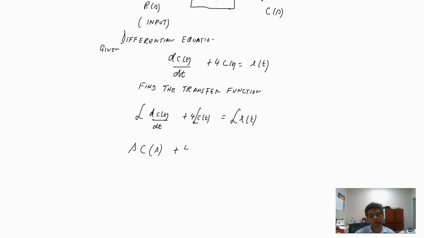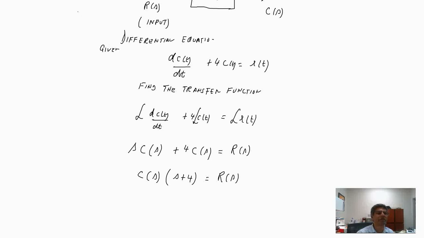So this is going to be 4 c of s, and this is just simply going to be r of s. So we can factor out c of s from here, and you will have s plus 4 is equal to r of s.